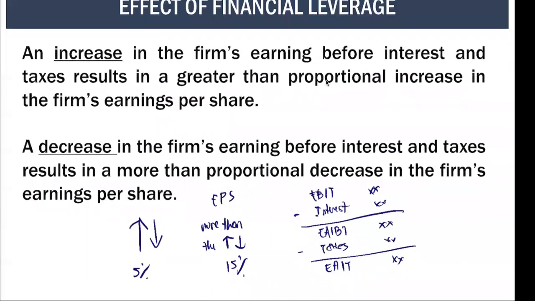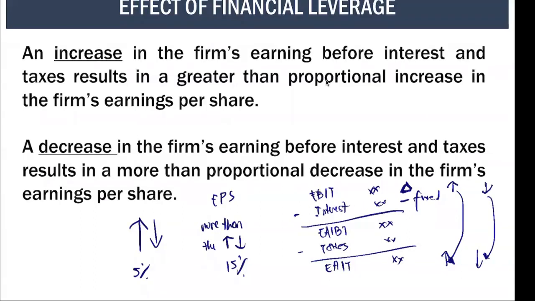The EBIT can always change, but your interest, take note of that, is fixed. Therefore, if EBIT increases, EPS will also increase, but by a greater increase. But if EBIT decreases, EPS will also decrease, but by a greater decrease.